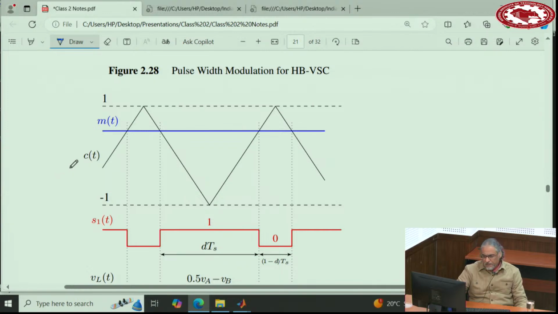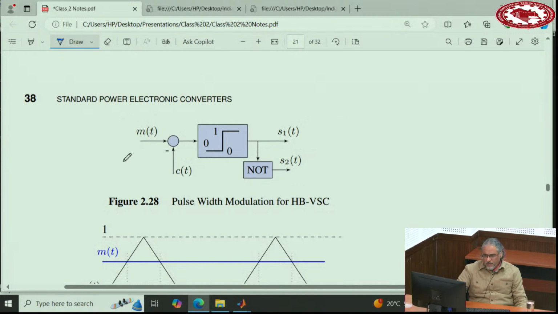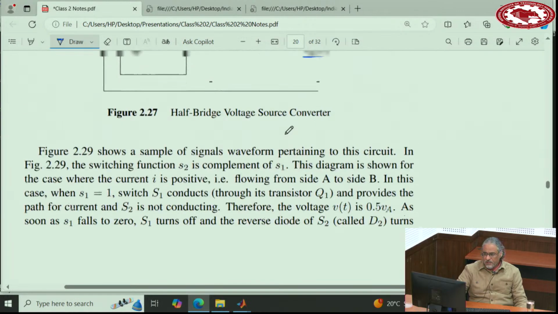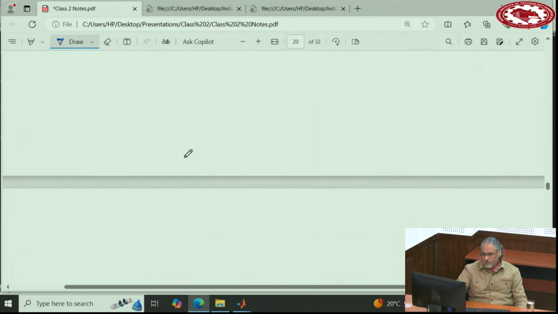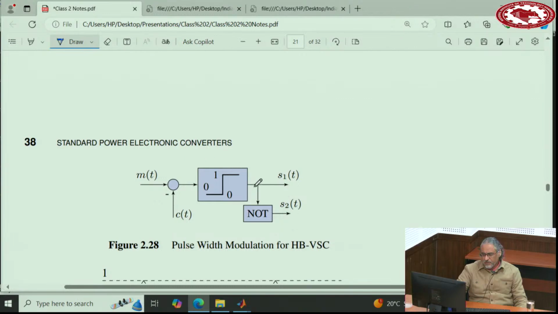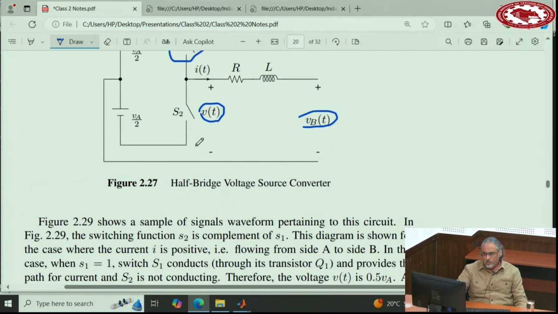So anyway, we use the same PWM, and the output of this PWM now goes to switch 1, which is the upper switch here, and the not, or complement, of that function goes to switch 2, the lower one.